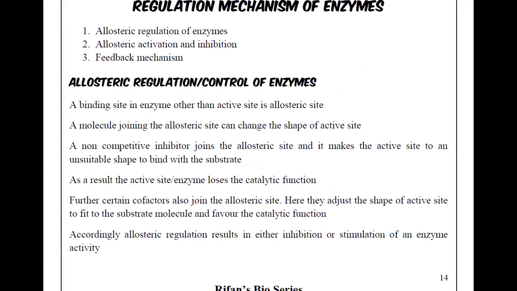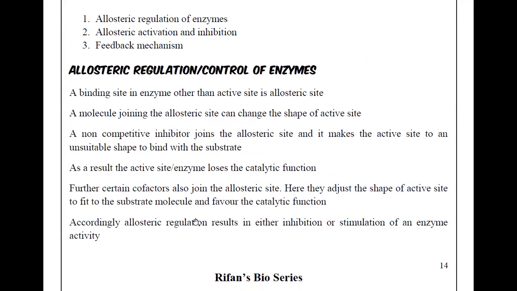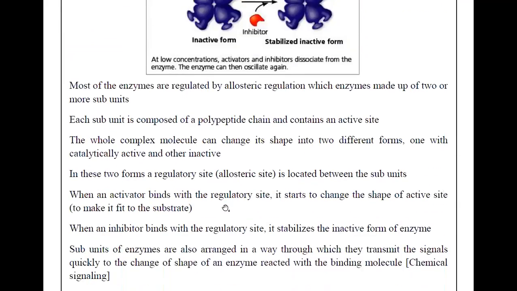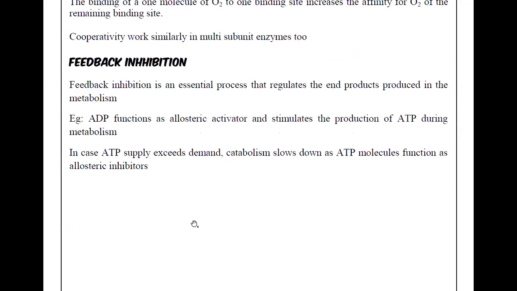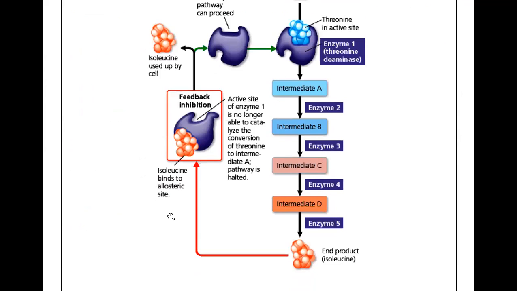The inhibitor molecule determines the shape of the active site. Yes or no? Yes, sir. In that case, it is like the first one. But the only difference is, who is functioning as the inhibitor molecule? Isoleucine. Isoleucine means the end product, correct?